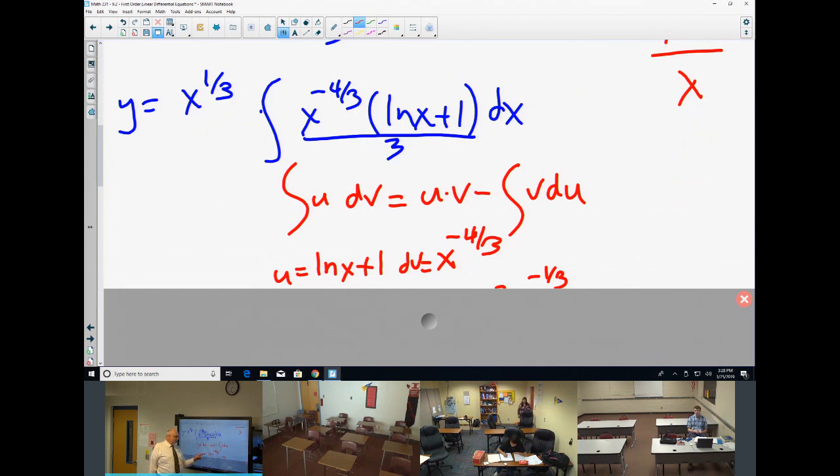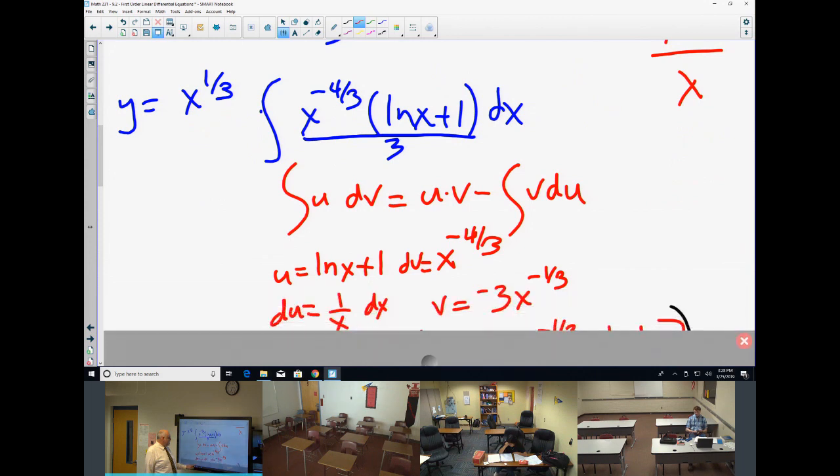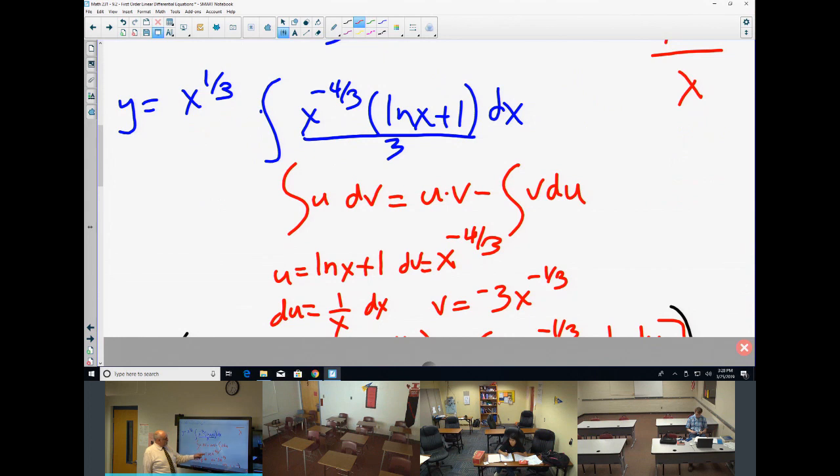The derivative of natural log of x is easier than the integral of natural log of x. So the derivative du is going to be 1 over x dx, the derivative of 1 is 0, so that goes away. And then the integral of this, we take x to 1 higher power, so negative 4/3 plus 1 is negative 1/3, divided by negative 1/3, which is the same as multiplying by negative 3.